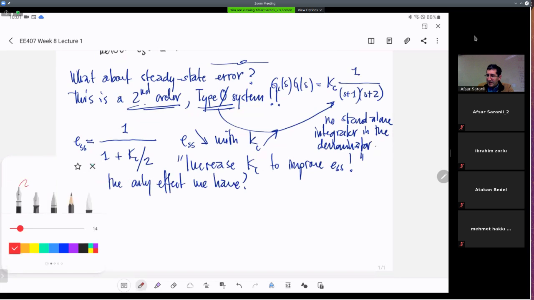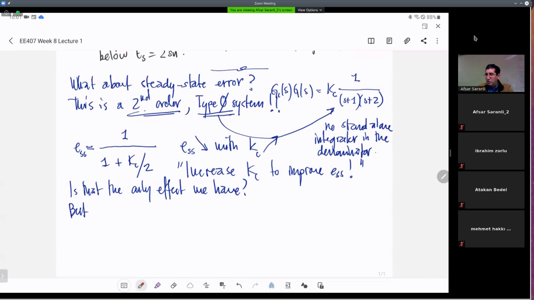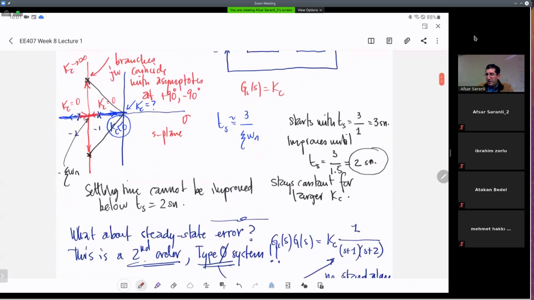Now, what's happening if I increase Kc? Remember the root locus. If I increase Kc beyond the breakaway point, steady state error will decrease. But see what's happening. Overshoot increases. Very good, right? So remember, this is omega n, this length, and also this is j omega d.